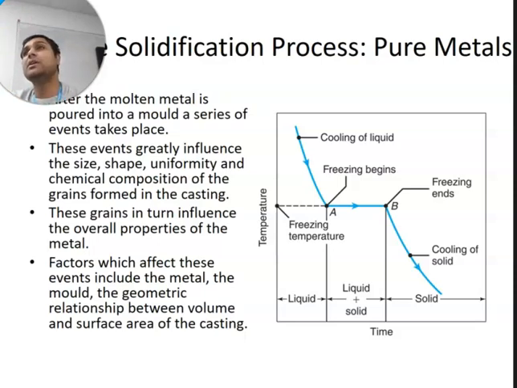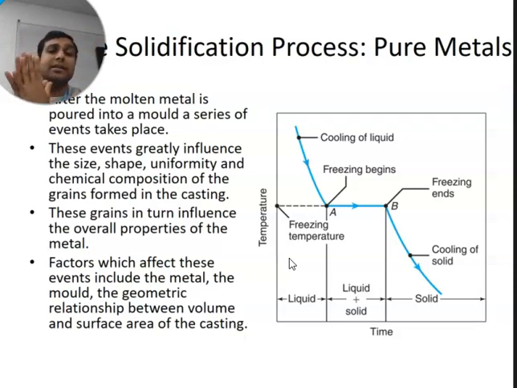Then it tries to solidify. But when something is solidifying, the temperature does not change. So from A to B, there is no temperature change. The temperature gradient is 0. Then at B, all the liquid metal has frozen and converted into solid.